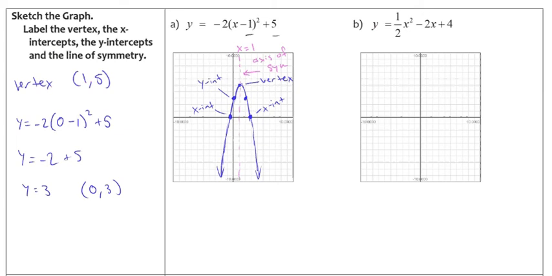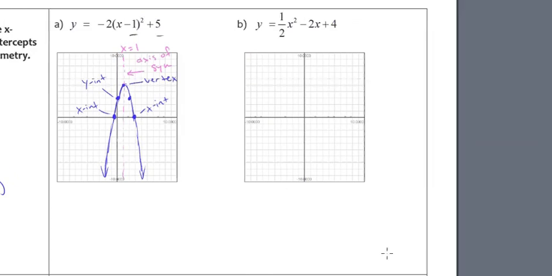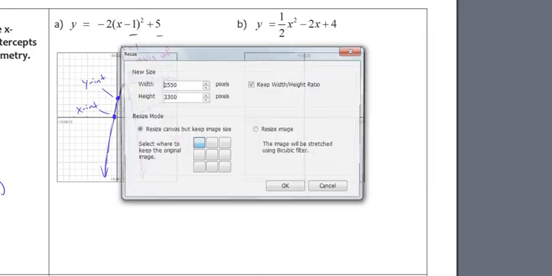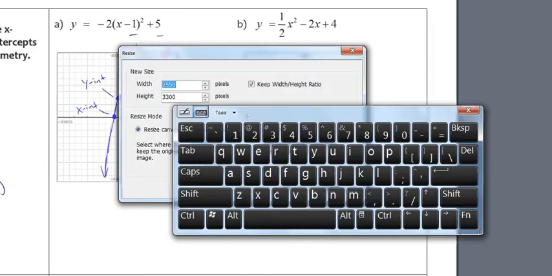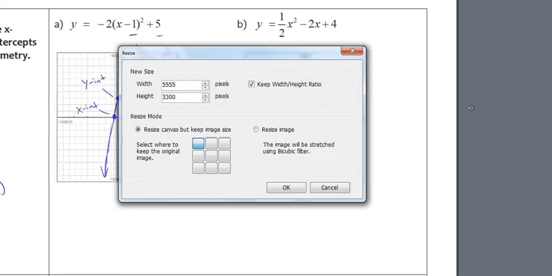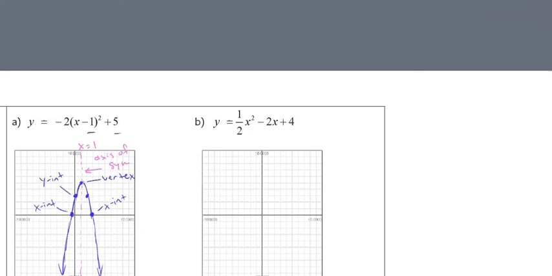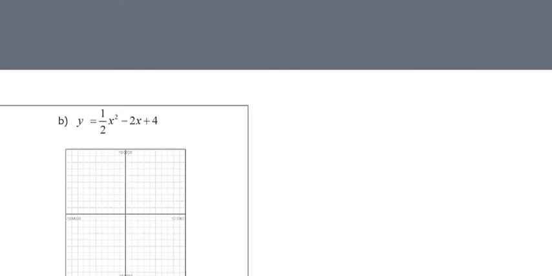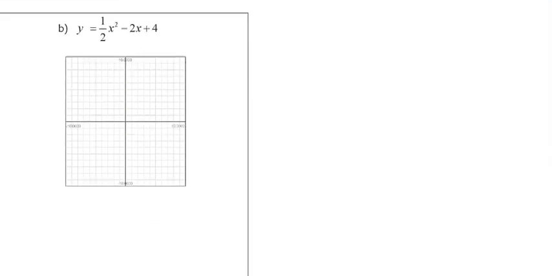Now on the other problem here, and actually let me go and make the page a little bit bigger. Okay, now we have some working room here. It's given to us in standard form, and you could do x equals -b over 2a and get to your axis of symmetry pretty quickly.